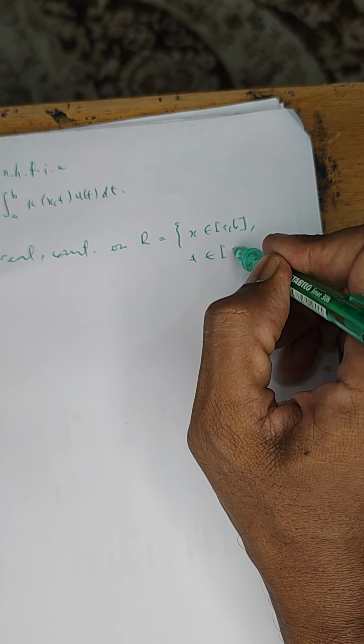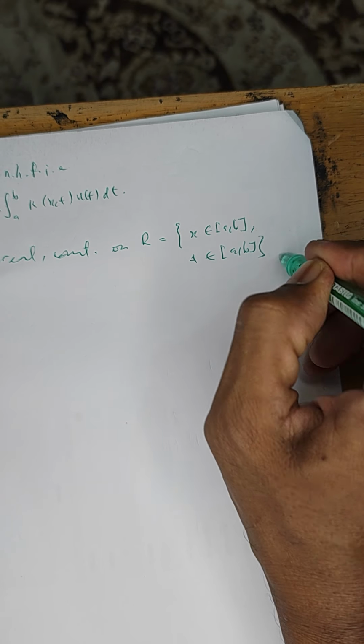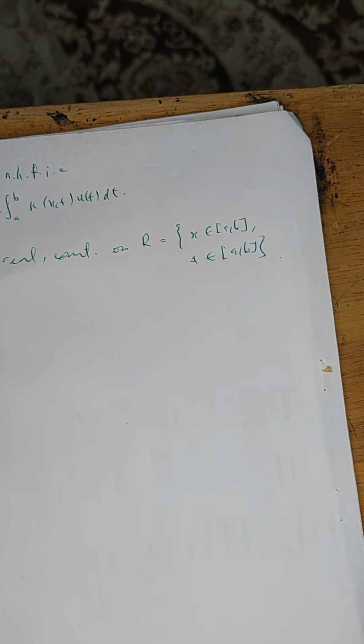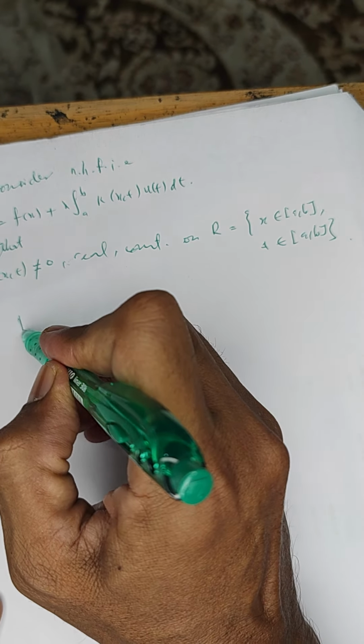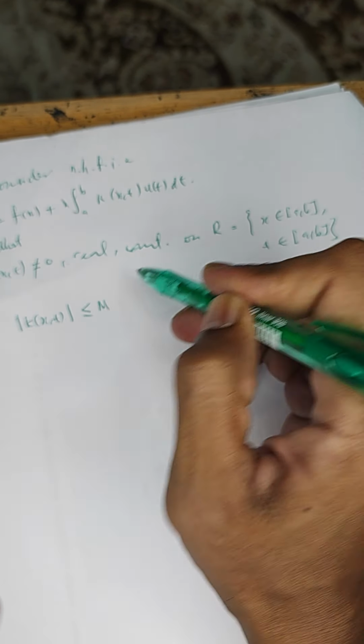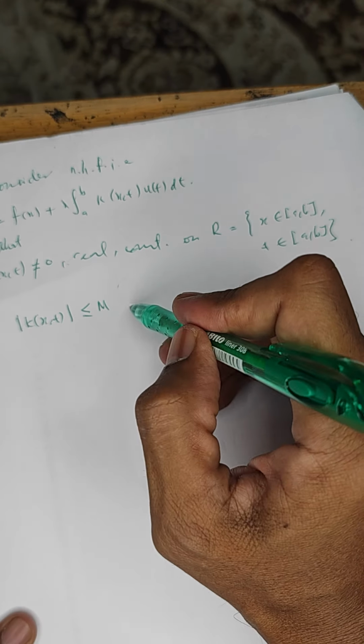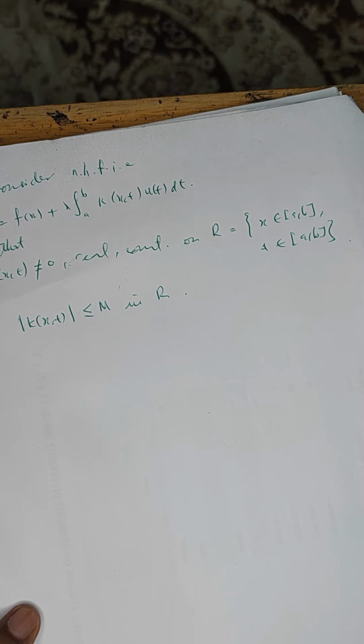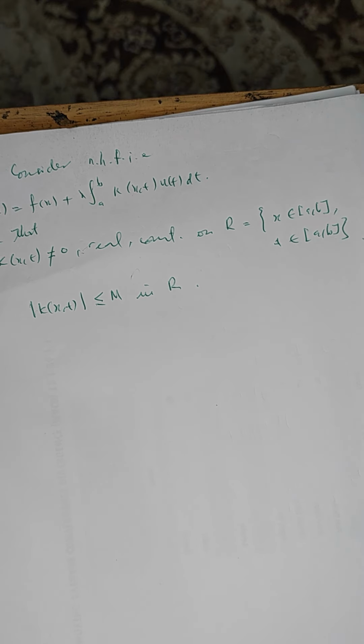So basically the region R is a rectangle, and also k is bounded, so |k(x,t)| is bounded by some number M in R. In your notes there's some typing error. I will upload the edited version of the notes, the one that I have edited.